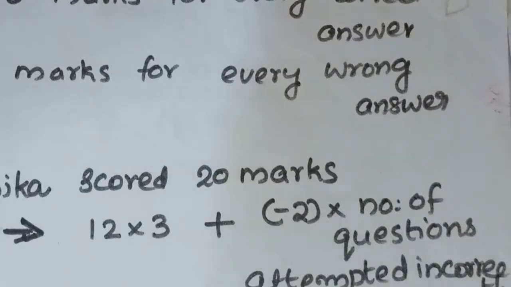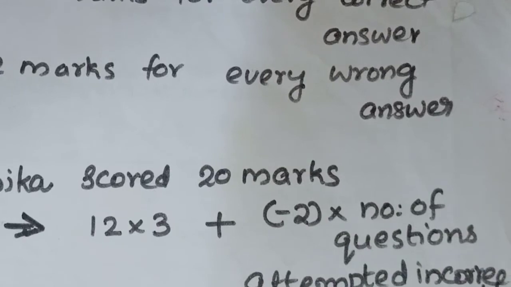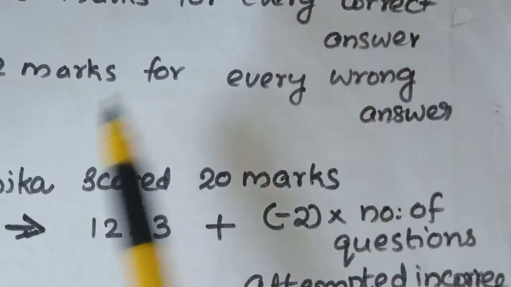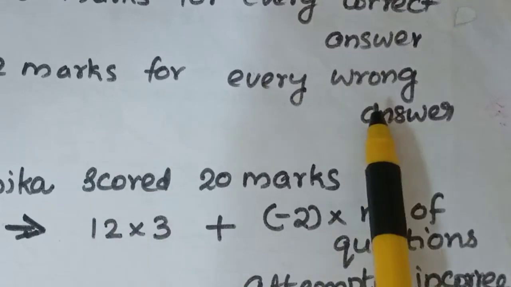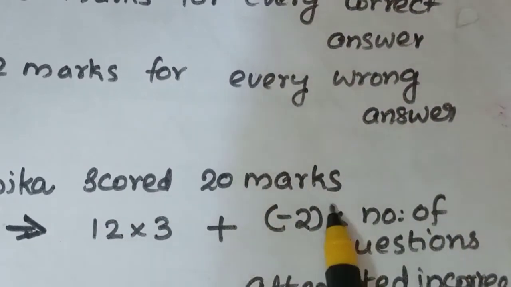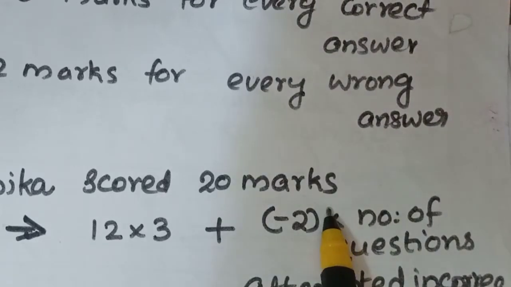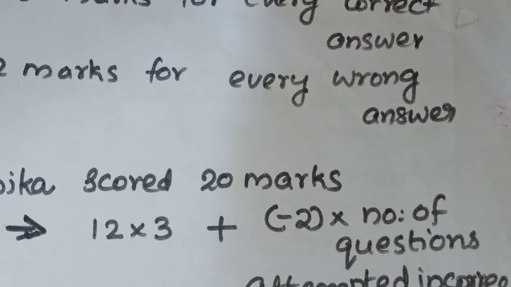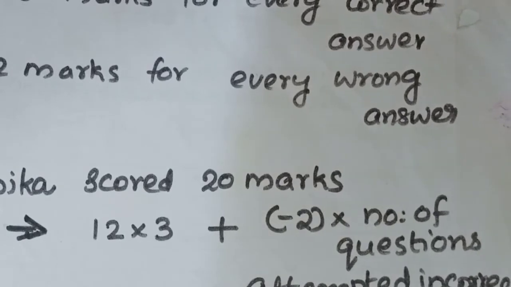In the sixth question, in a class test, positive 3 marks for every correct answer and negative 2 marks for every wrong answer. Radhika scored 20 marks, and she has got 12 correct answers.